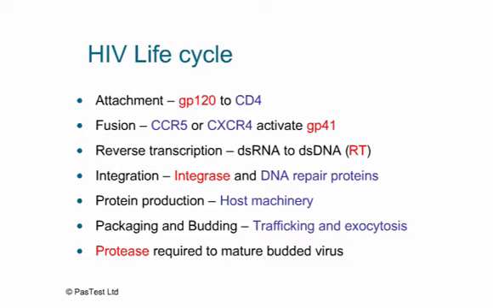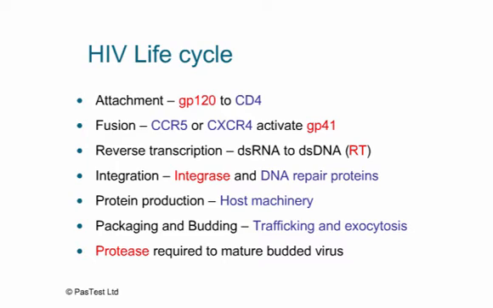So when an HIV virion is infecting a cell, the first thing it has to do is attach. To do this, it uses the HIV protein GP120, or glycoprotein 120, which binds to host CD4.